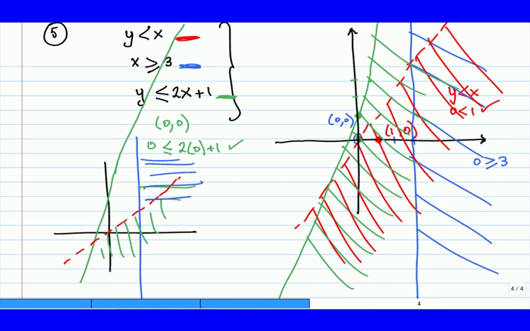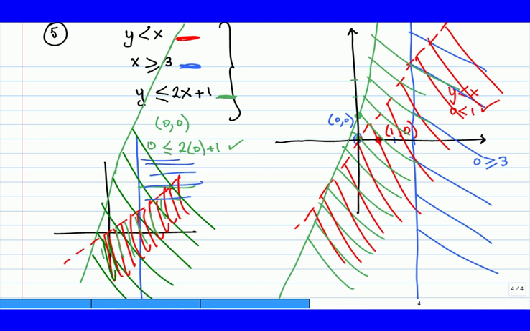I mean, I have to do this, red that way. So red and blue intersect around this area, but this one is going to intersect here, right? So it looks like green, red, and blue are going to have to intersect somewhere here. Do you see that? Somewhere here.